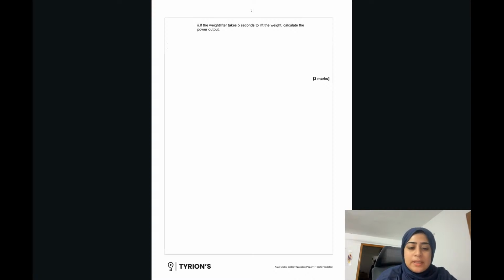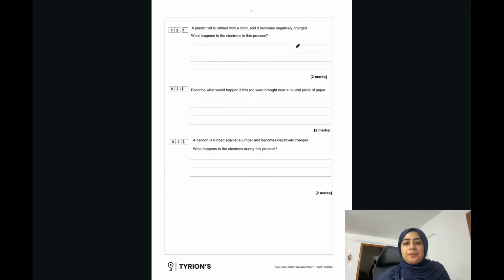So 980 divided by 5. Let's check what that is. 196, and the units for power are watts. So give yourself 2 marks if you got that.